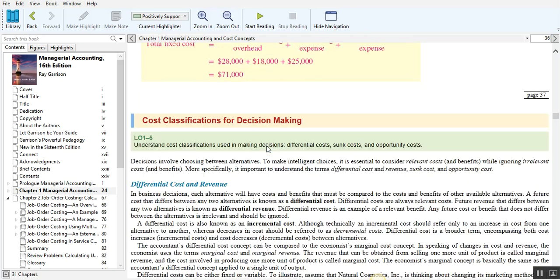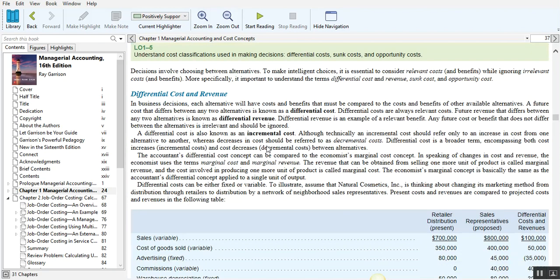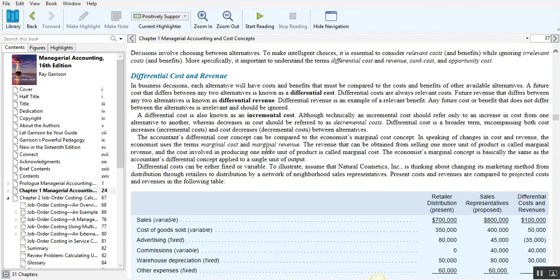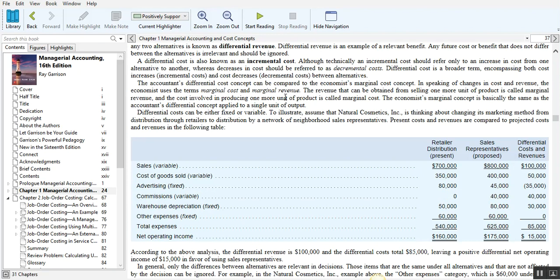When we talk about decision making, we're talking about differential analysis, and we're going to look at things in different scenarios. So we have a differential revenue and a differential cost, which we could also call incremental cost, because we're going to look at it in different scenarios.